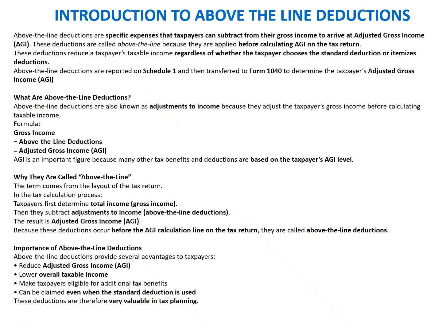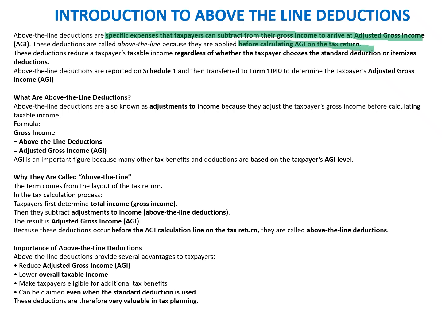Okay, so when we talk about the above the line deduction, what does that mean? Above the line deductions are the specific expenses that a taxpayer can subtract from their gross income to arrive at the adjusted gross income, which we normally call AGI. These deductions are called above the line deductions because they are applied before calculating the AGI on the tax return.